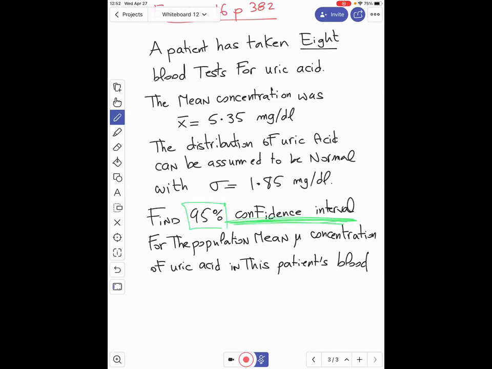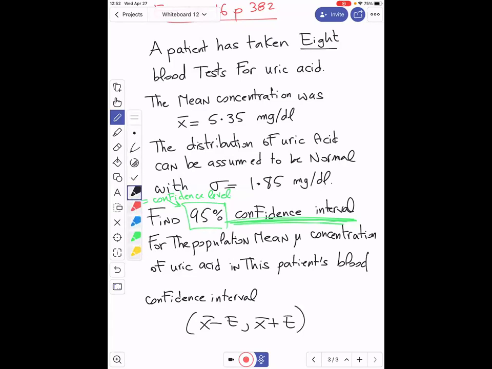Whatever percentage you have before the confidence interval, that's your confidence level C. So we need to find the confidence interval, that's X bar minus E, X bar plus E.